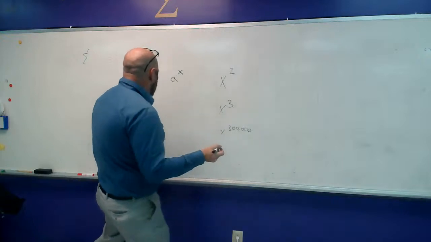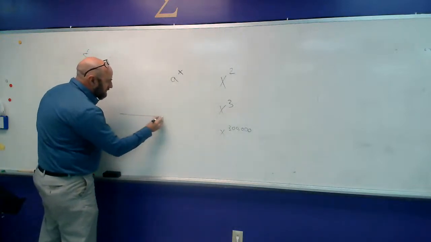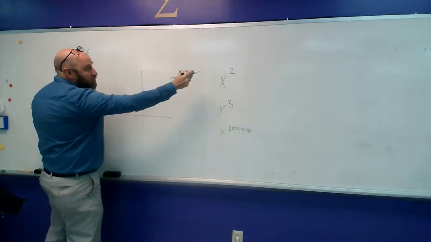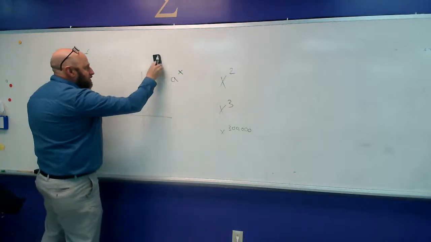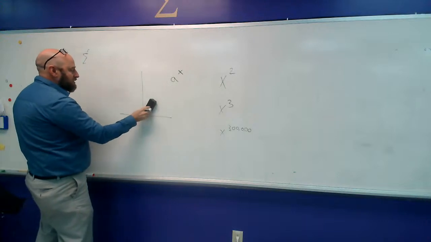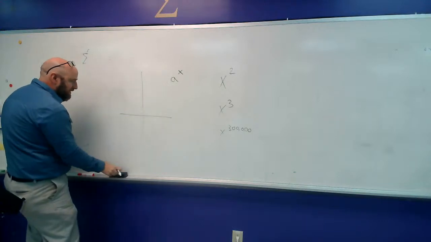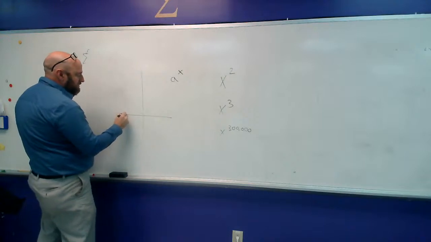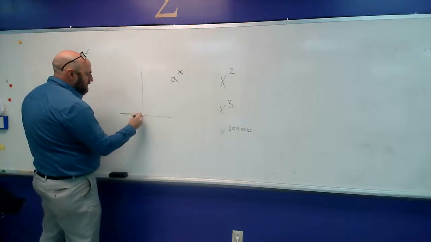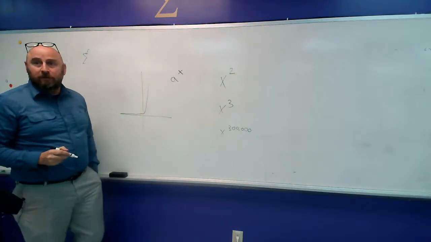If you're graphing something like this, now again, we know that x squared looks like that. But a to the x kind of does this sort of thing, and then goes boom like that.